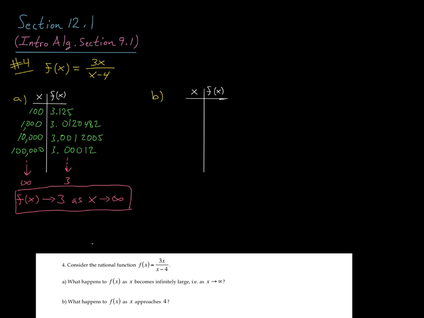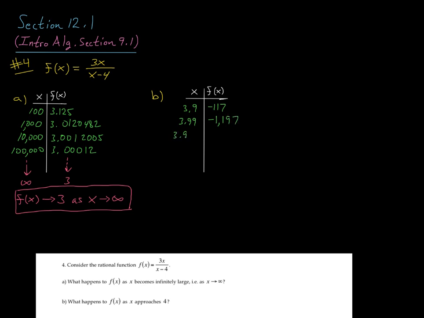Now for part B, it says what happens to f of x as x approaches 4. Well, again, we're going to plug in some values for x. First I'll plug in some values that are just slightly smaller than 4. Let's say 3.9. If you do that, you wind up getting minus 117. If you plug in 3.99, you wind up getting minus 1,197.